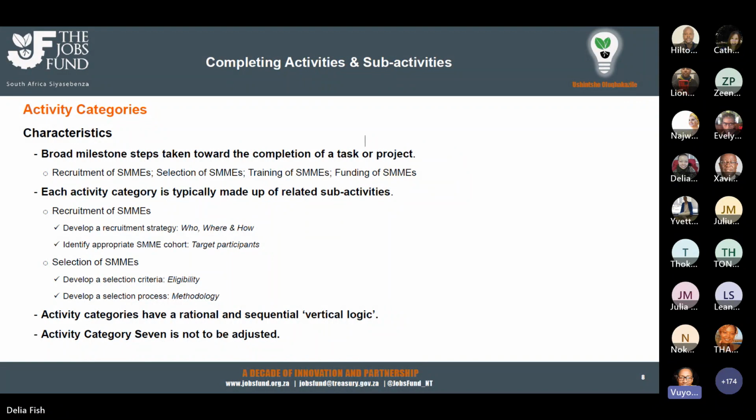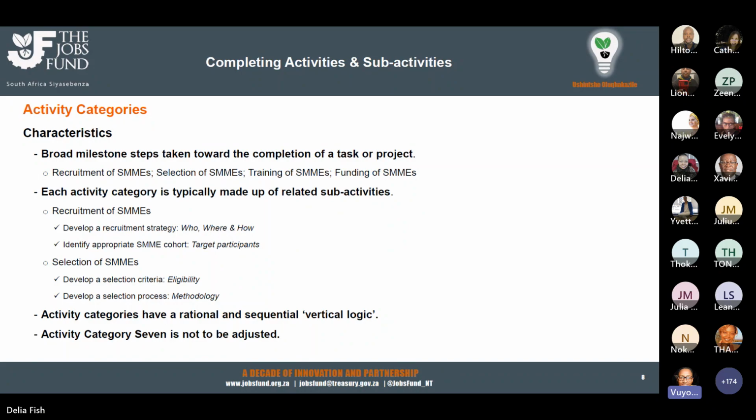So in the example of the first broad step, which is the recruitment of SMMEs, you would have sub-activities that speak to the development of a recruitment strategy. So if you're going to recruit SMMEs, you need a strategy by which to go about doing that.